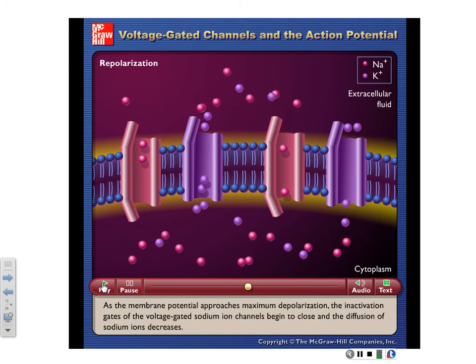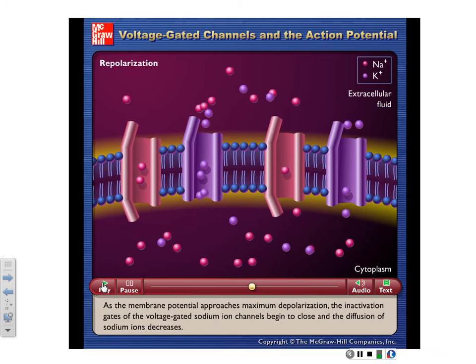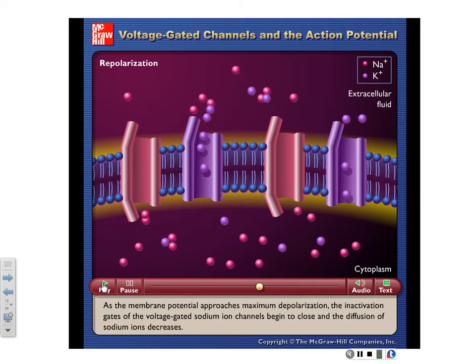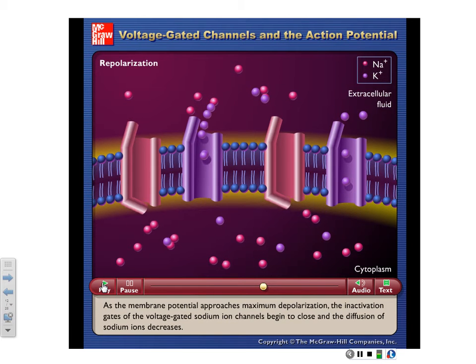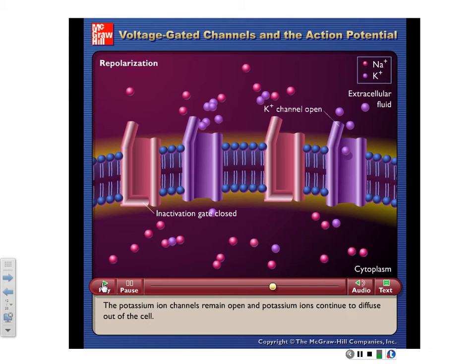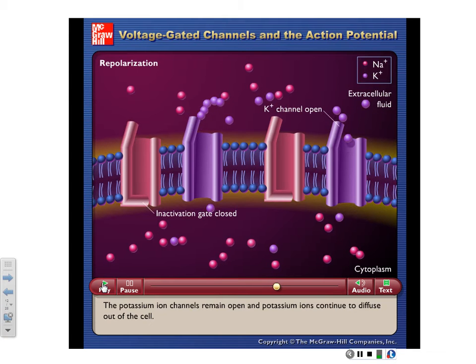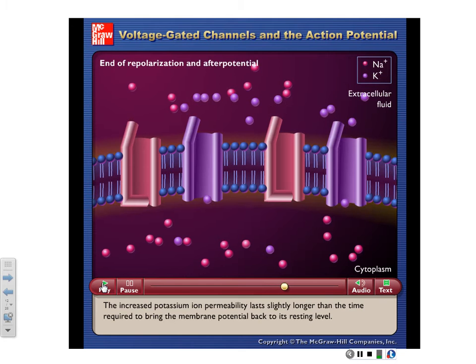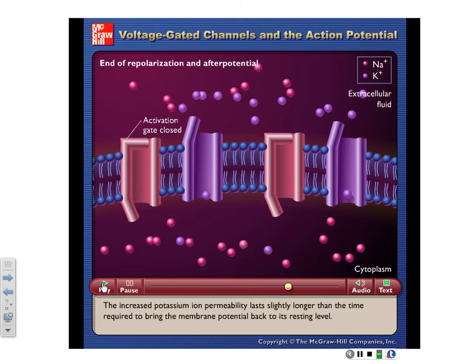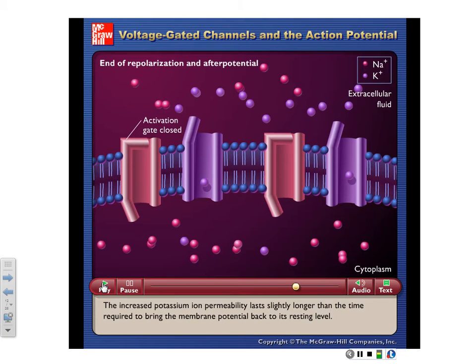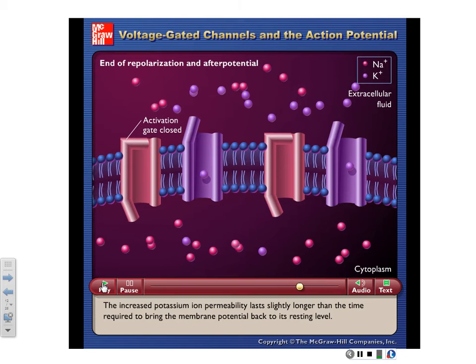As the membrane potential approaches maximum depolarization, the inactivation gates of the voltage-gated sodium ion channels begin to close, and the diffusion of sodium ions decreases. The potassium ion channels remain open, and potassium ions continue to diffuse out of the cell. The increased potassium ion permeability lasts slightly longer than the time required to bring the membrane potential back to its resting level.